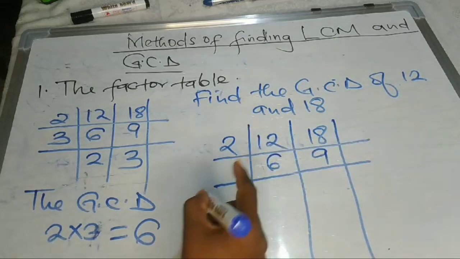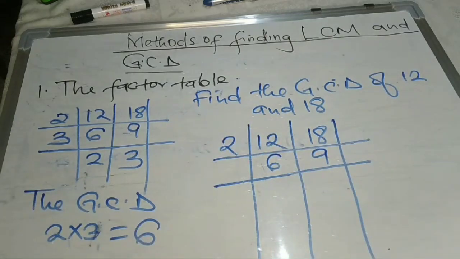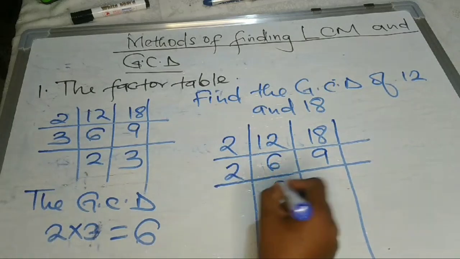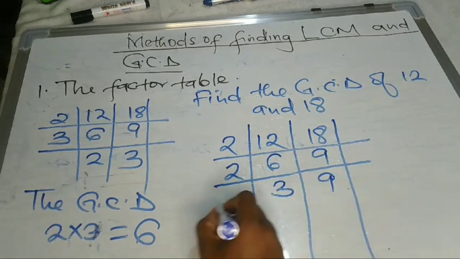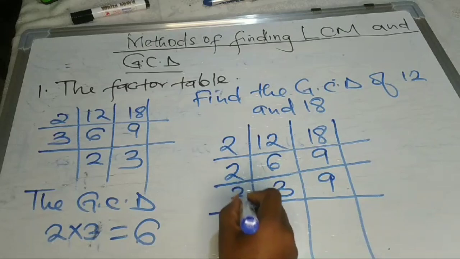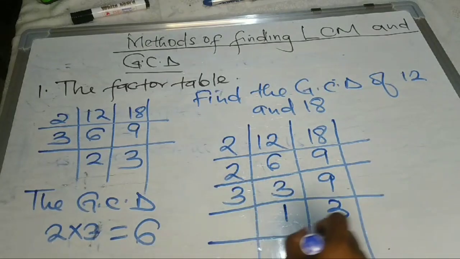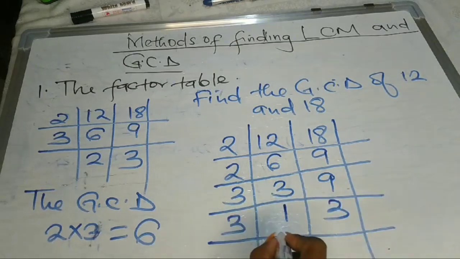Then in this case, as long as that prime number can divide either of the numbers, we still use it again. So we shall take 2 again, so that 2 divides 6 and 9 remains. Then we go to the next, which is 3. It divides this 3 and 9. Then we have 3 again, which divides this 3, and this remains as 1.